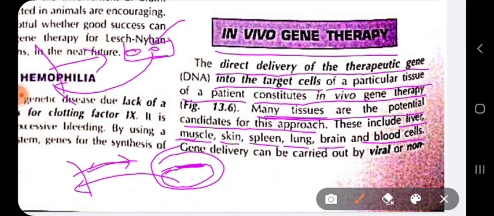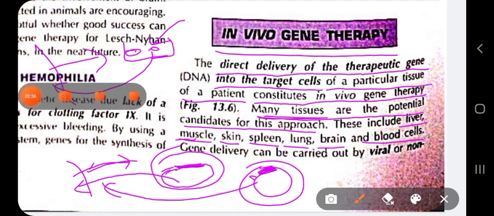But here, we are directly constructing a vector having our gene of interest and other gene segments for proper expression of that gene, and directly they are delivered into the target cells.